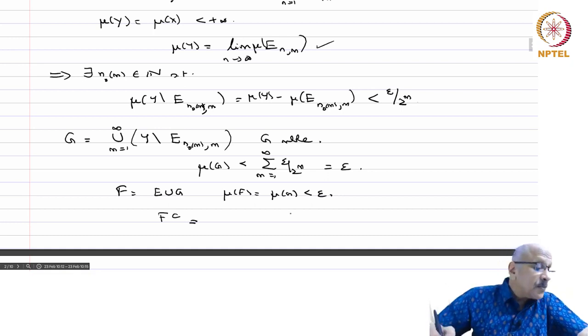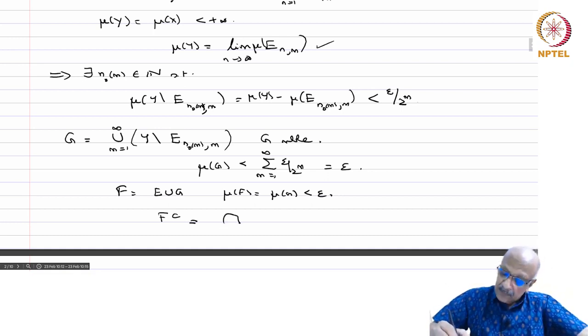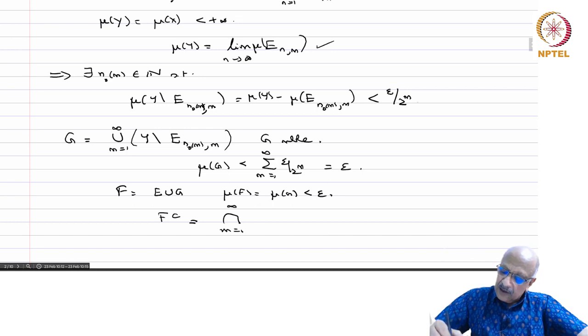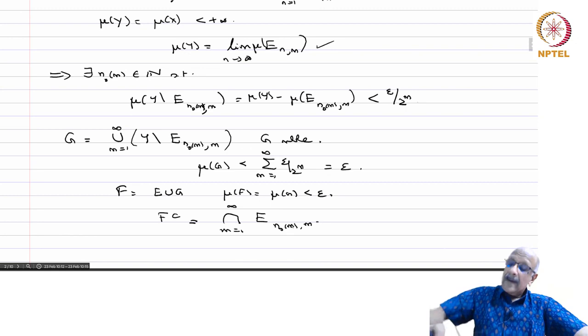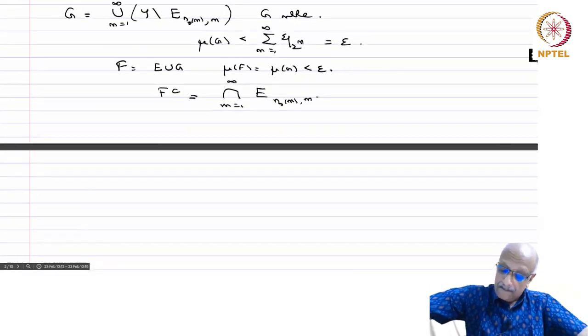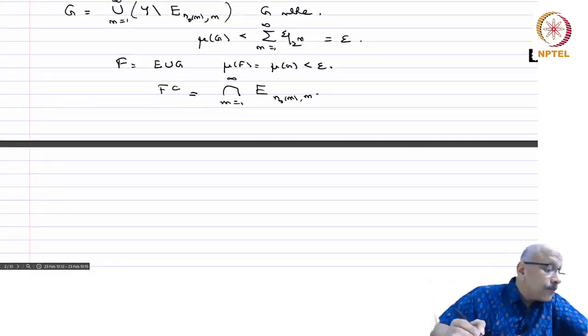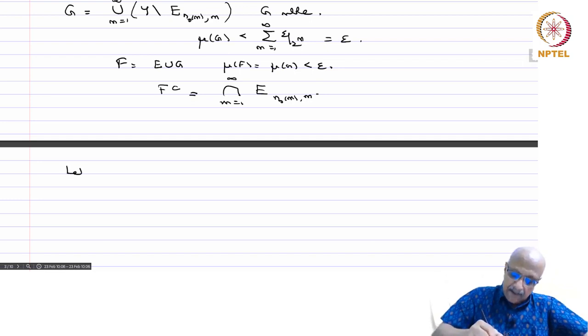F complement is precisely the intersection m equals 1 to infinity of E_{n_0,m}. So let eta be greater than 0, choose m such that 1 by m is less than eta.